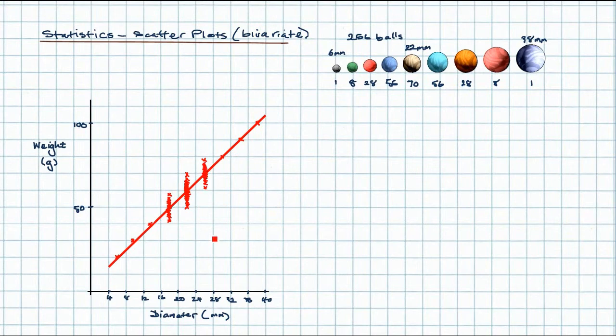Okay, now we move towards the edges. We've got our orange and red balls, our red and orange balls. Well, there's fewer of those, there's 28 of those, so again the spread I would expect to be a little bit smaller, so just from here to here.